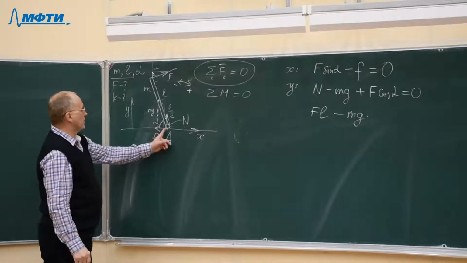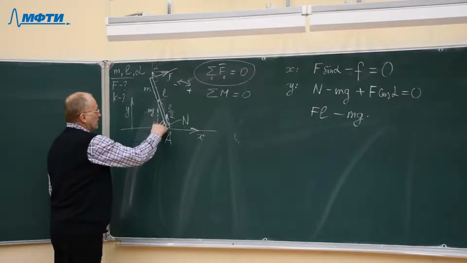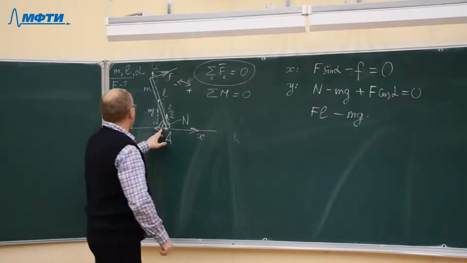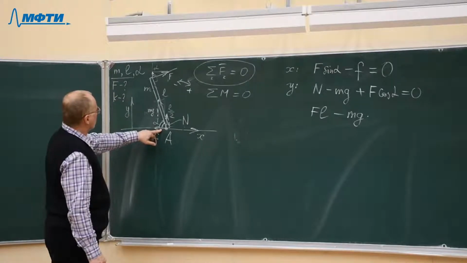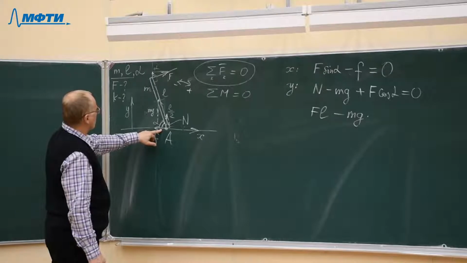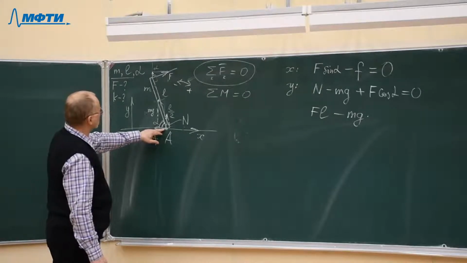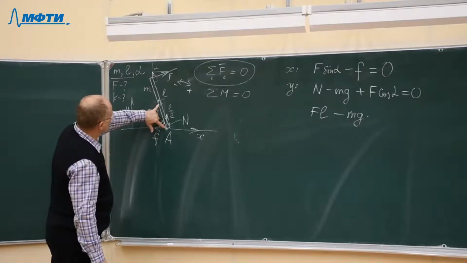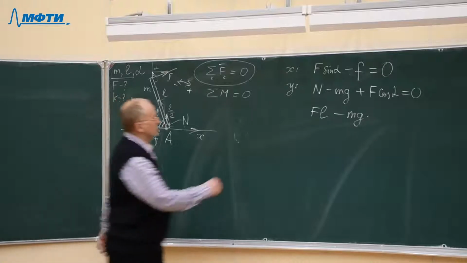So this leg, the leg adjacent to angle alpha in this triangle, will be L over 2 times cosine alpha.